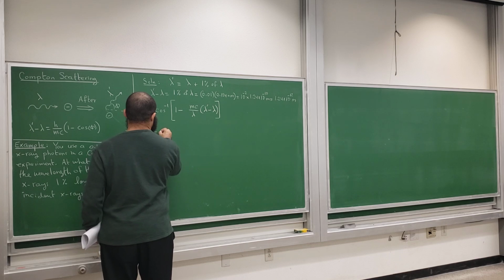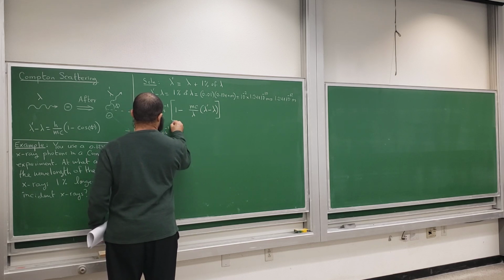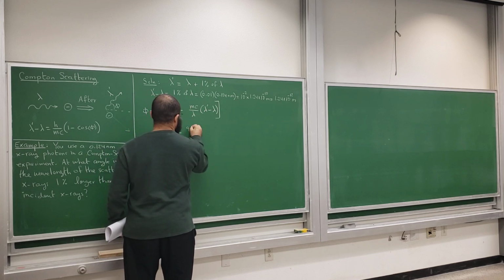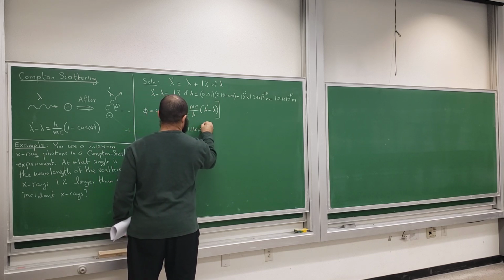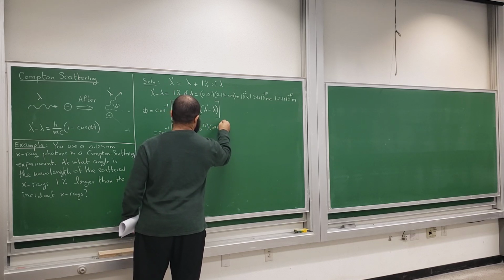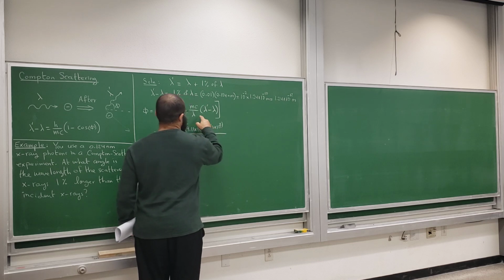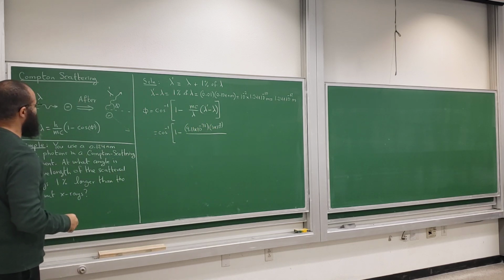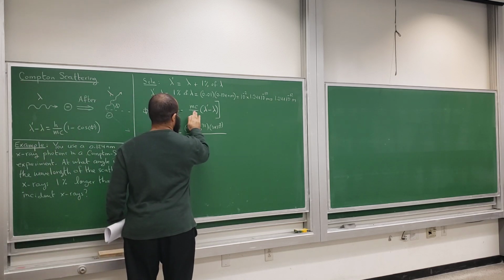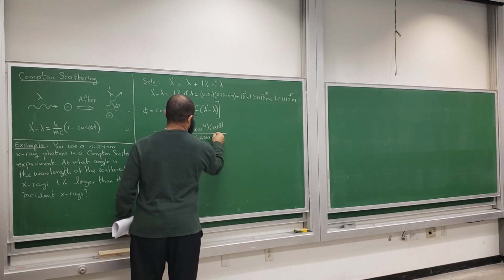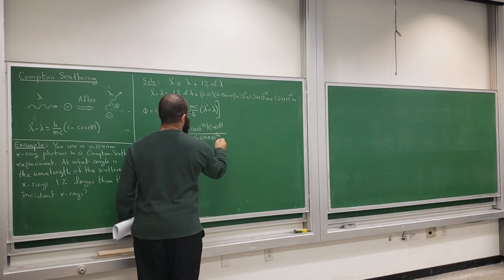So you have the mass, it's an electron, the speed of light. Lambda. Oh, why not lambda? You see, it's over h, right? Not lambda here. It should say h. 6.626 times 10 to the minus 34.